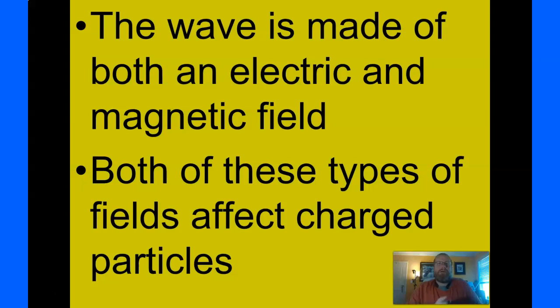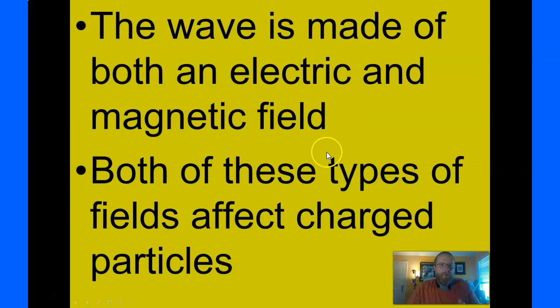Remember, positives attract negatives, negatives attract positives, positives repel positives, negatives repel negatives. You've learned this before me. Refresh that memory: opposites attract, likes repel. So your electric field is going to affect charged particles. Magnetic fields also affect charged particles. More about that coming up in the next unit, electricity and magnetism.